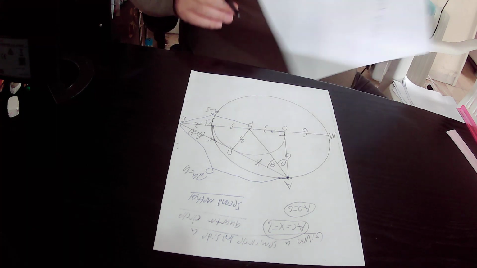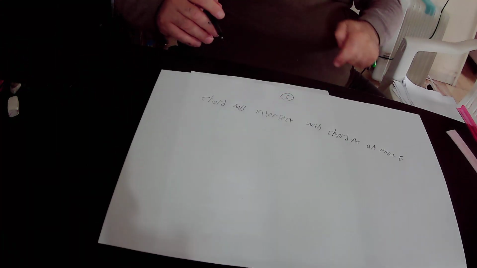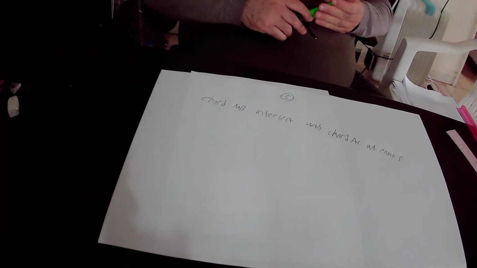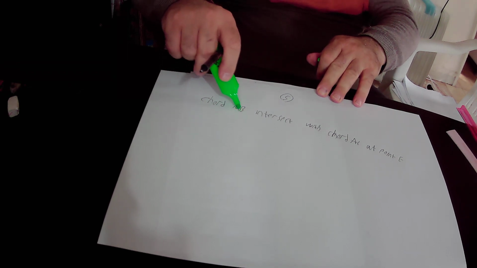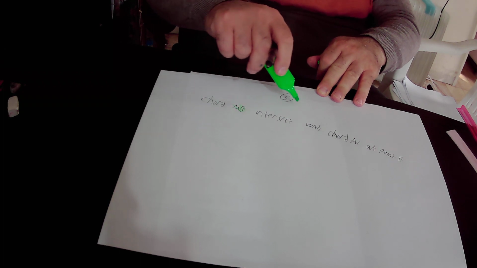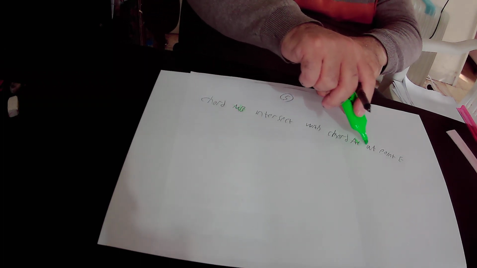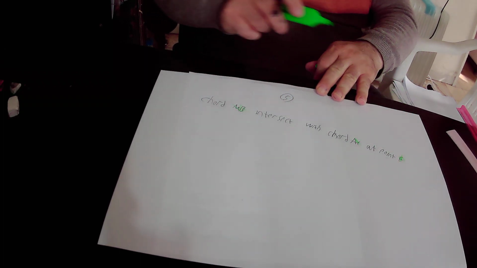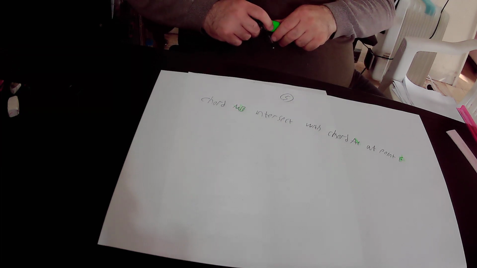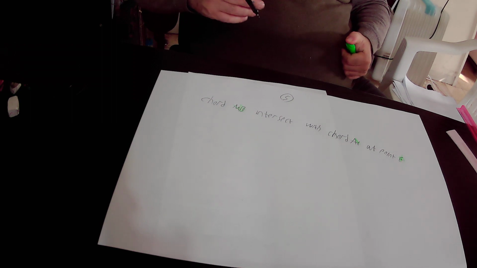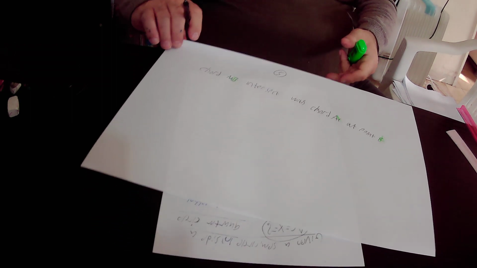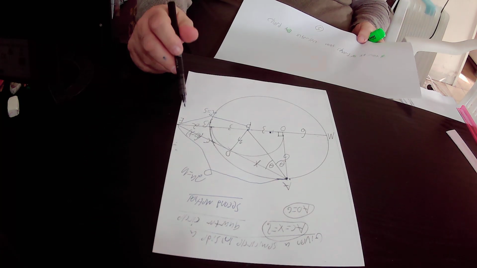And point E is an external point; the intersection point is outside the circle.